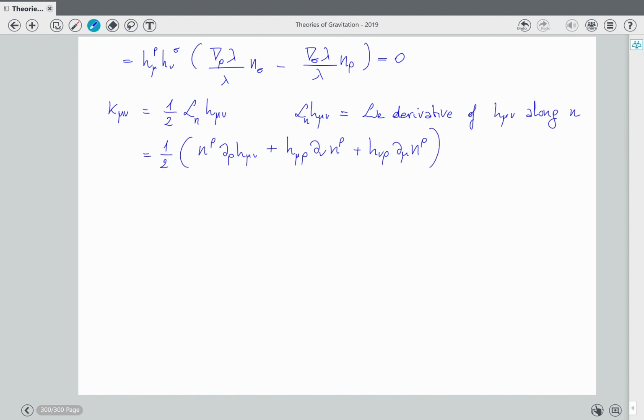We want to show that this is the same as K. First we show that the Lie derivative can be written by means of partial derivatives, but also by means of covariant derivatives, when you have no torsion.